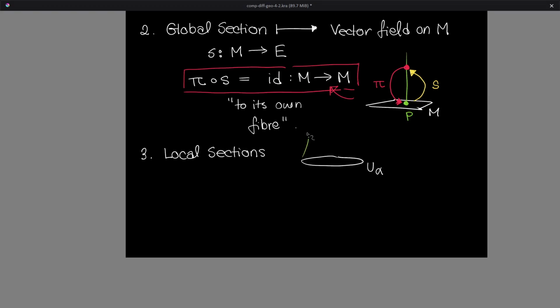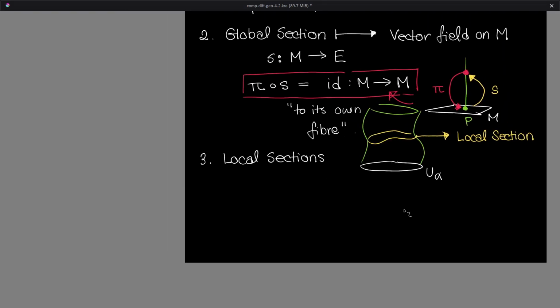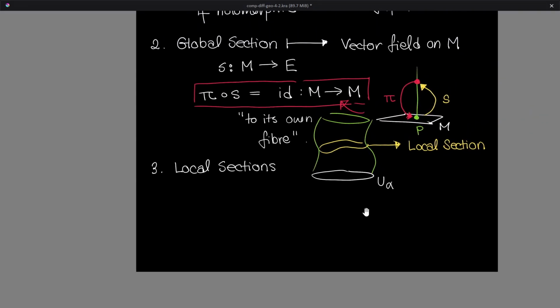If I have the part of the bundle which I call the restricted bundle, or you could say the bundle restricted to U_α, let's not draw the fibers, it'll be clearer. If we have a section on this, then this is called a local section because it's a section over a local neighborhood. And on a vector bundle, you can patch up all of these local sections to make a global section. Right.